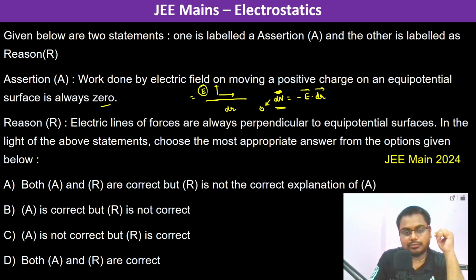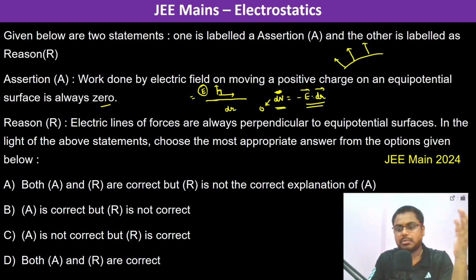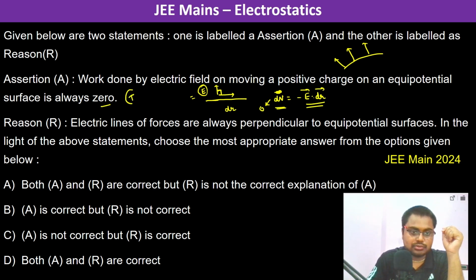Because it's going to be 0, and dr and electric field are both non-zero, the dot product should be 0, so it should be cos 90 degrees. So the angle between E and dr should be 90 degrees. So for an equipotential surface, the electric field lines are always perpendicular, either outward or inward. So yes, this is true.